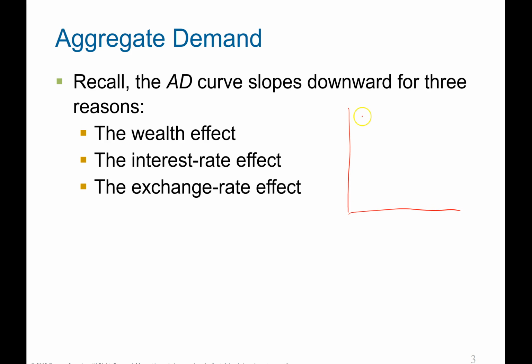The first one is the wealth effect, and that tells us as the price level increases, the quantity of output will decrease. The wealth effect has a big effect on that because as wealth changes, as we feel wealthier or we feel less wealthy, it's going to affect our willingness to consume.